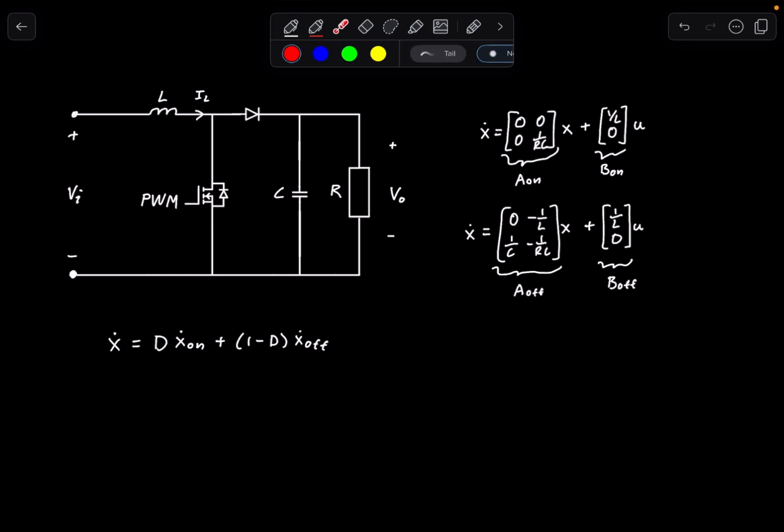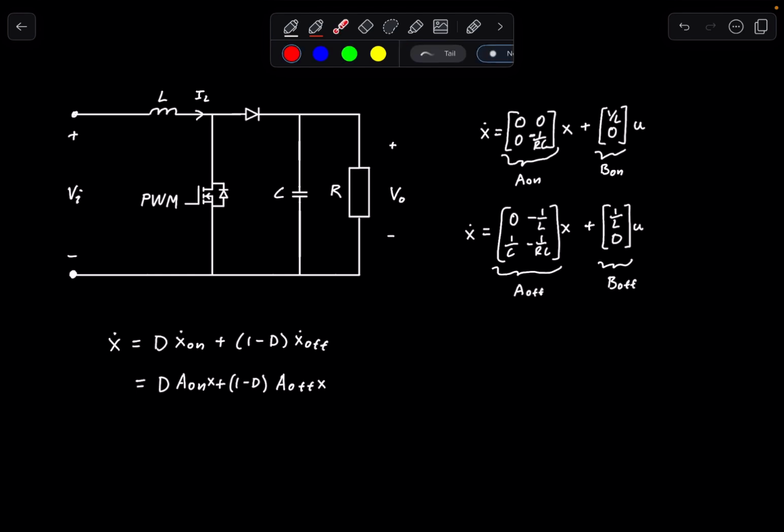I now see that I forgot something on A on. I forgot A minus here, and if you look back, you will understand why. So this is equal to D multiplied by A on plus 1 minus D multiplied by A off. And we do the same for the B matrix. I forgot the X, though.